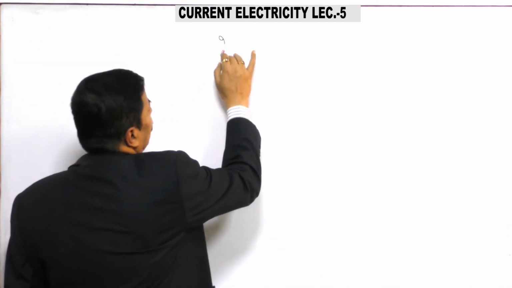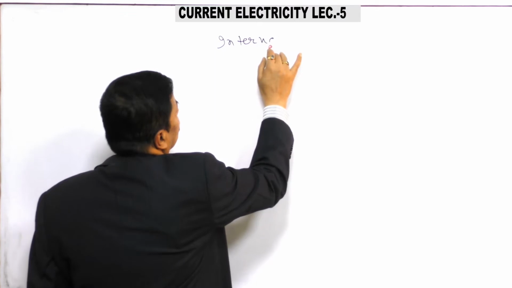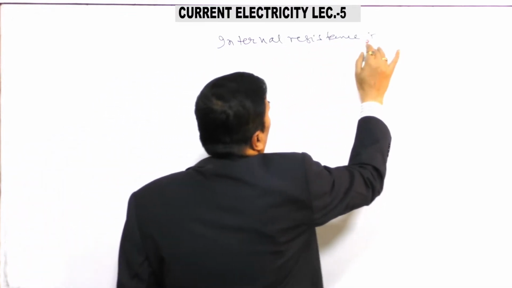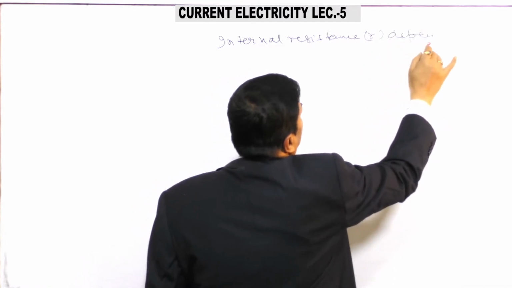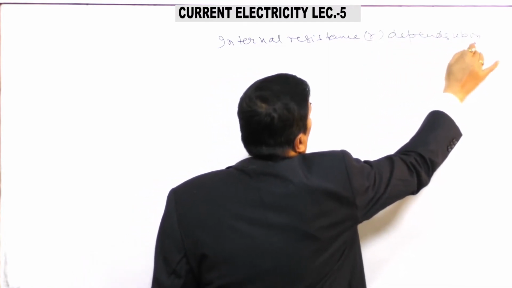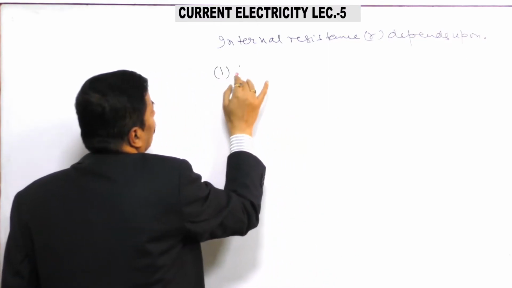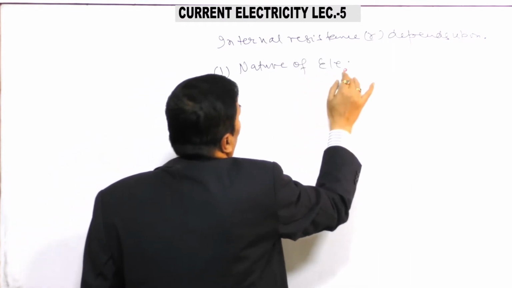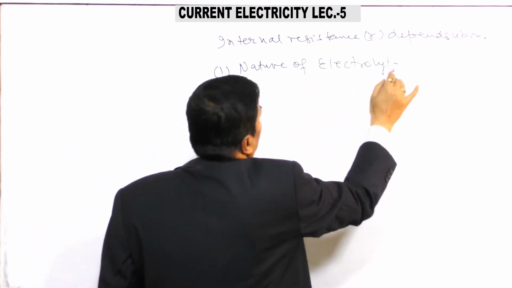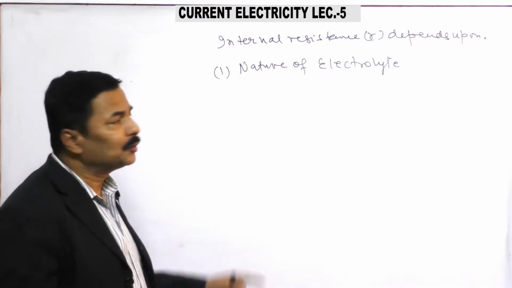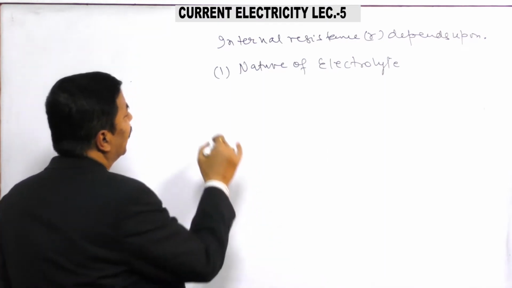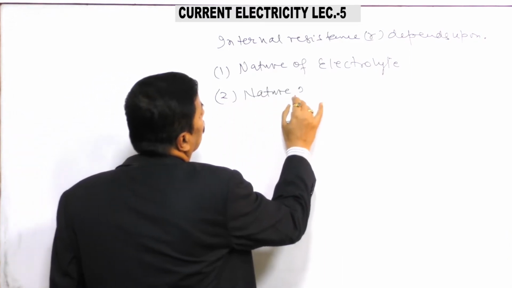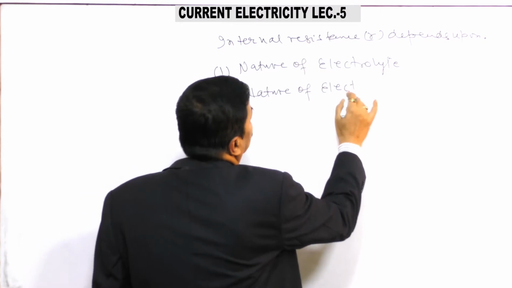So internal resistance r depends upon, first, the nature of the electrolyte. Electrolyte is the liquid conductor used in the formation of the cell. Second, the nature of the electrode.